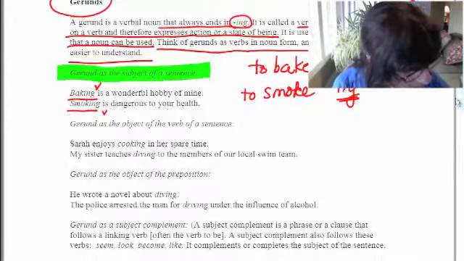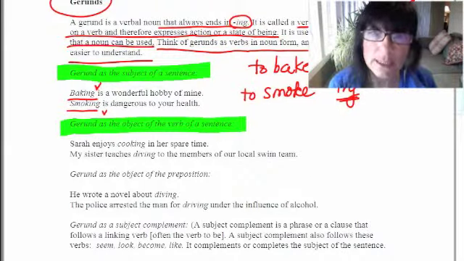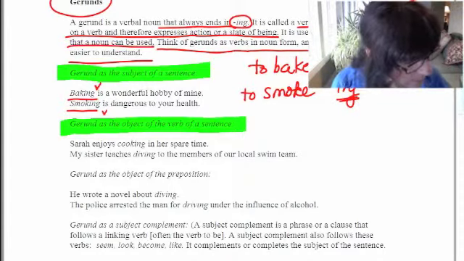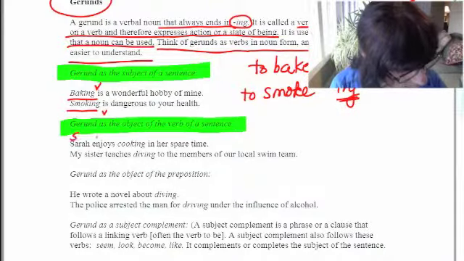The next example is that gerunds can be used as the object of the verb of a sentence. And if you're not sure what an object is, please review the video that I have on objects, direct and indirect objects. So let's look at this example. Sarah enjoys cooking in her spare time. Your subject is Sarah. Your verb is enjoys.